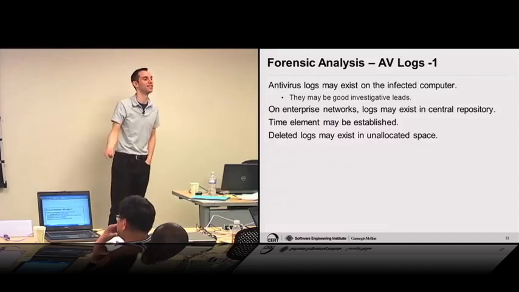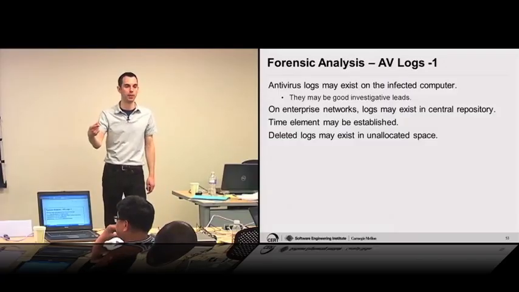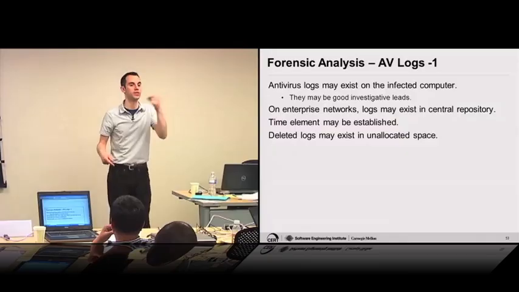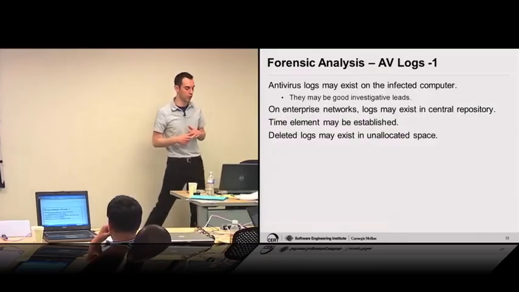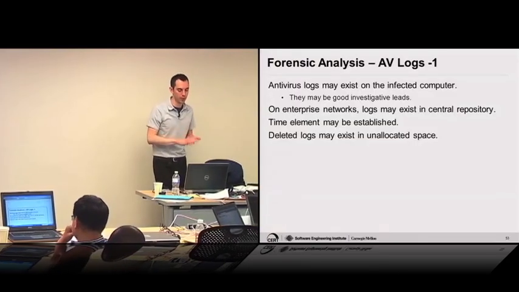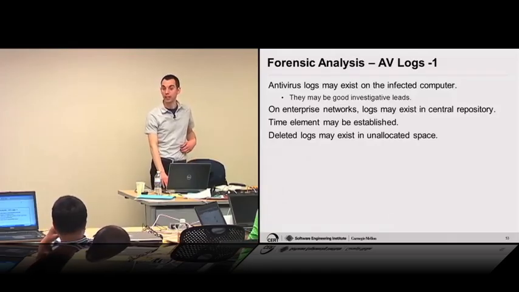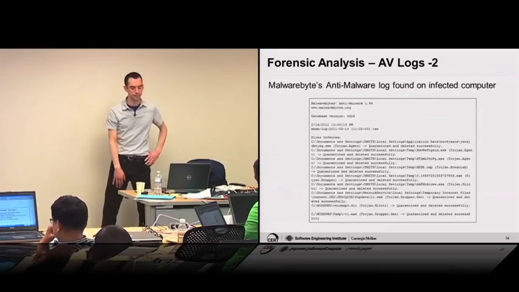So although antivirus caught it immediately, the exploit had already taken place. Finding that PDF and understanding that it was the initial infection at least gave us some leads, a domain to go look at, and so on. So using this can give you a time element. And of course, unallocated space can be helpful too. You may want to look for deleted log files from older log entries.